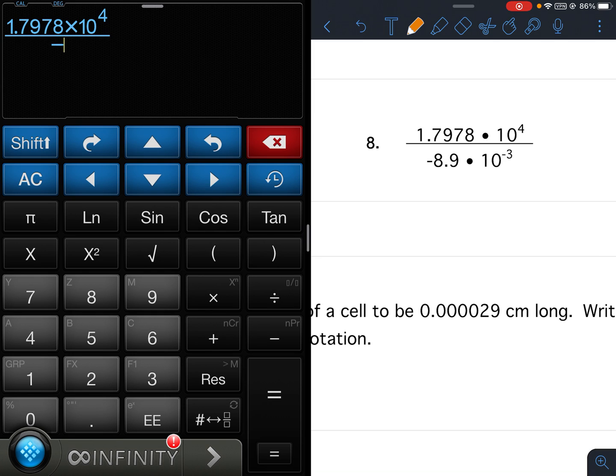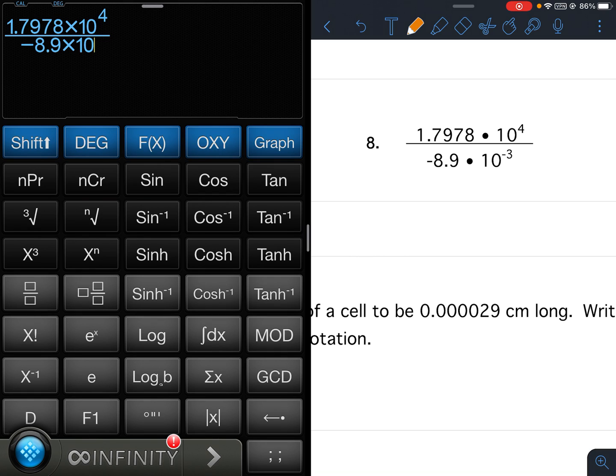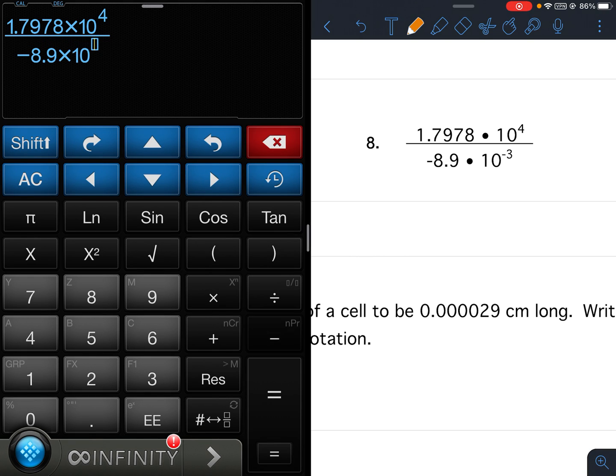And then negative 8.9 times 10 to the negative 3rd. Don't forget that negative exponent. So one more time before I hit enter, 1.7978 times 10 to the 4th over negative 8.9 times 10 to the negative 3rd. So we have negative 2,020,000.